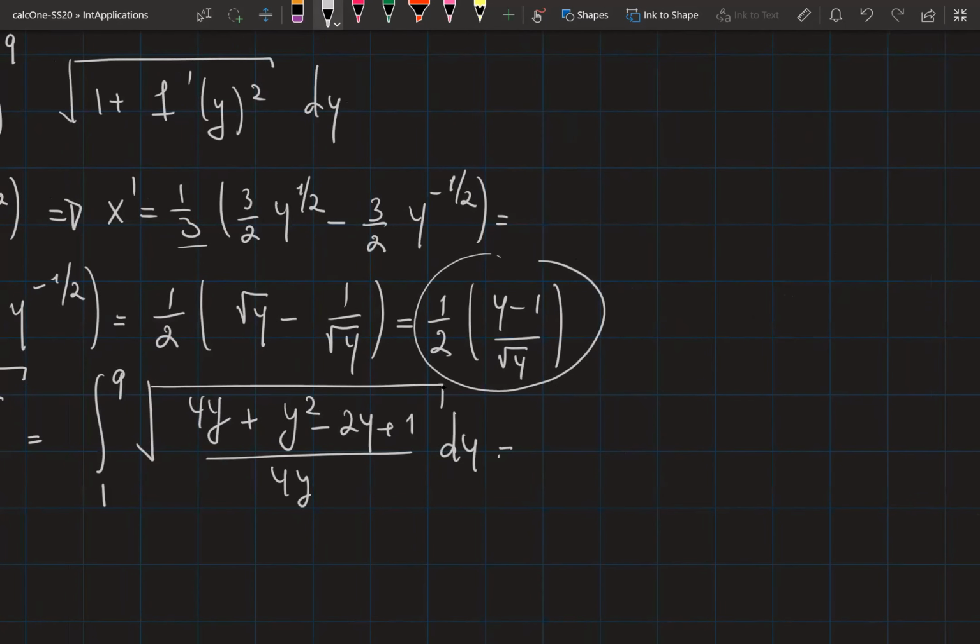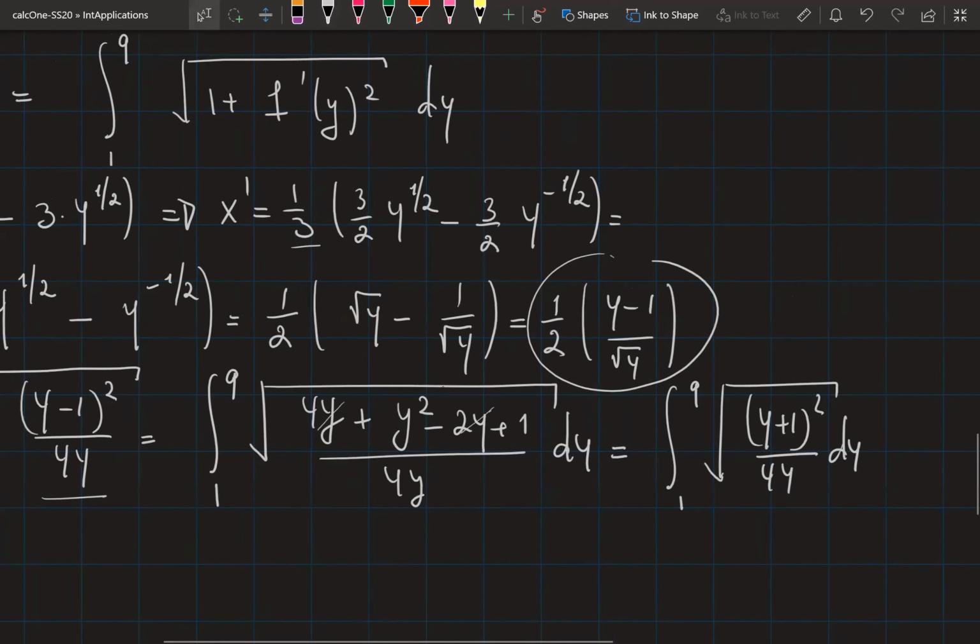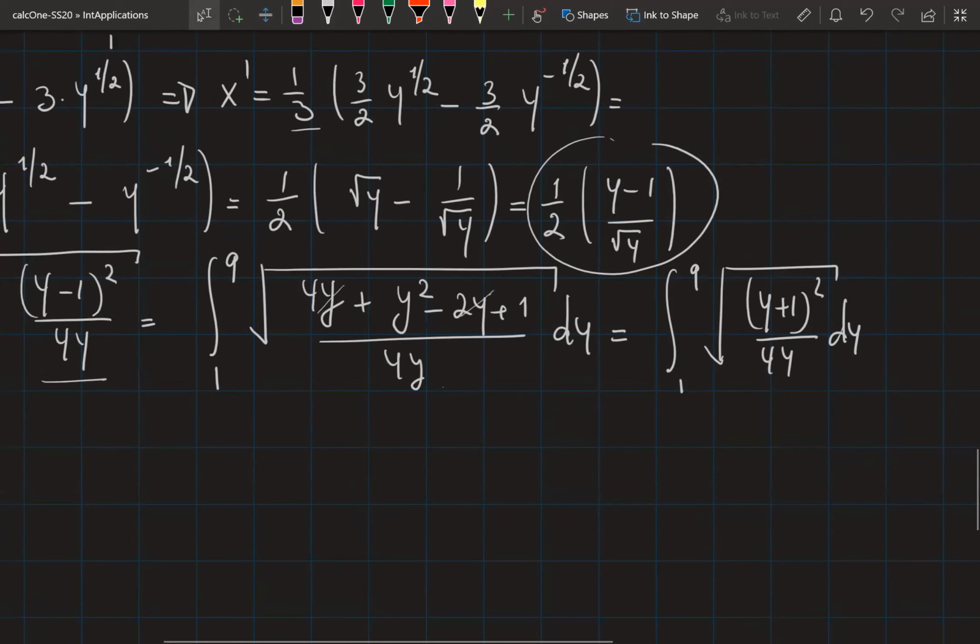So if you combine the 4y with the 2y, it's going to be plus 2y, which gives y plus 1 squared, right? It's going to be the integration from 1 to 9 of the square root of y plus 1 squared divided by 4y, dy. So what we can do is simply take the square root of all the terms here.